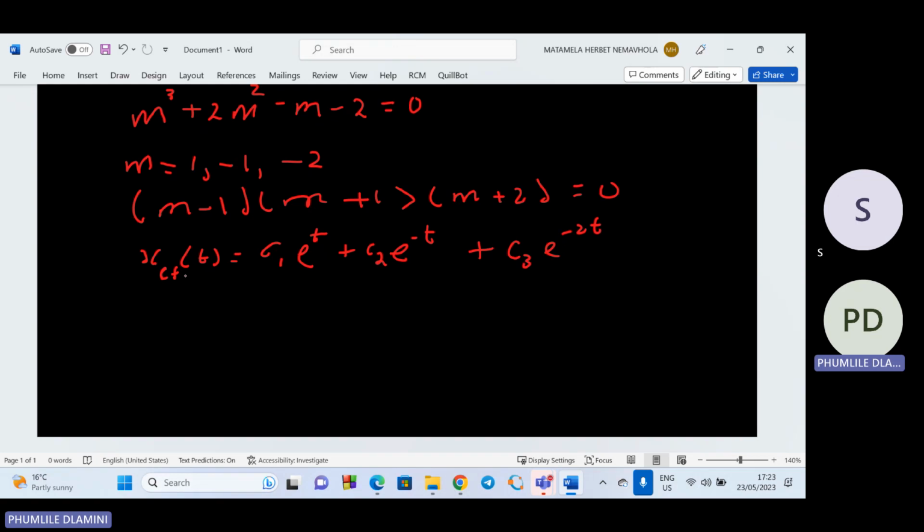Then we will have to find the particular equation.